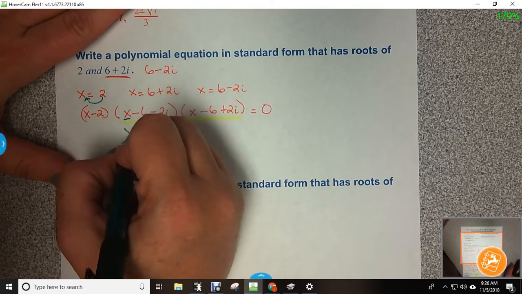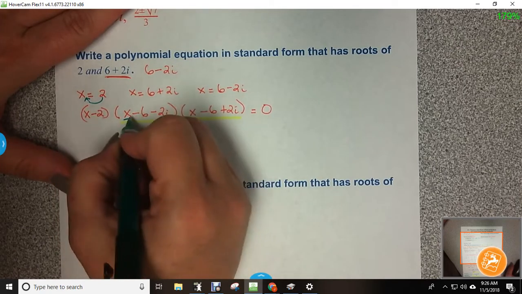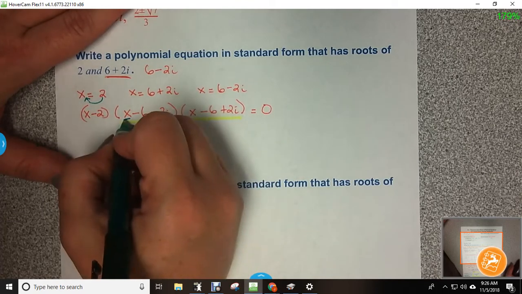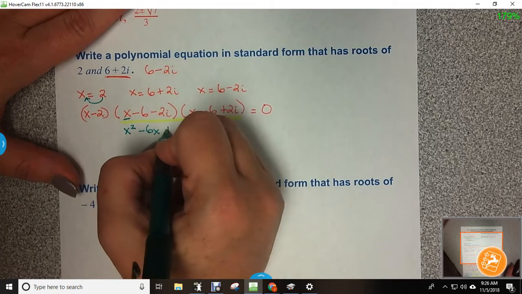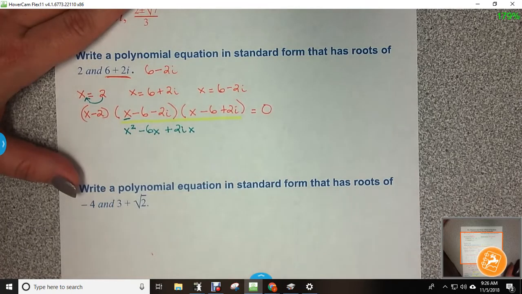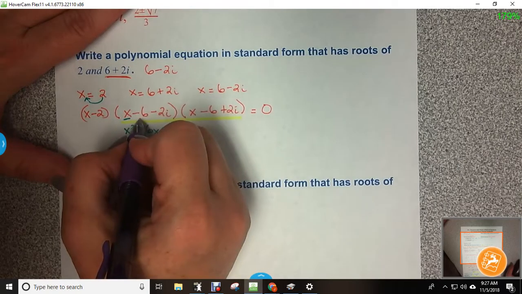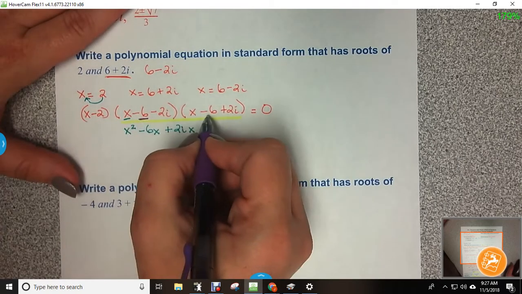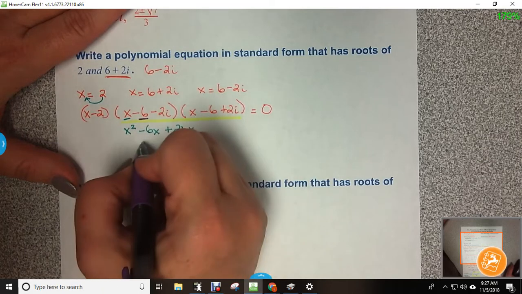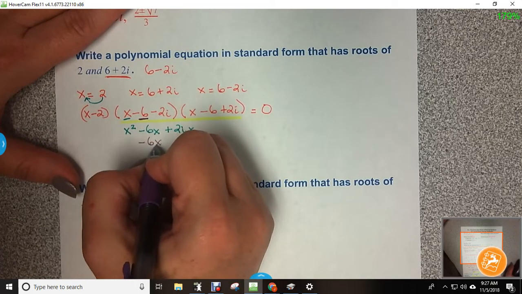So x times x is x squared. x times negative 6 is minus 6x. And x times 2i is plus 2ix. Now I'm going to distribute this negative 6 to everything over here. So that will give me negative 6 times x is negative 6x.